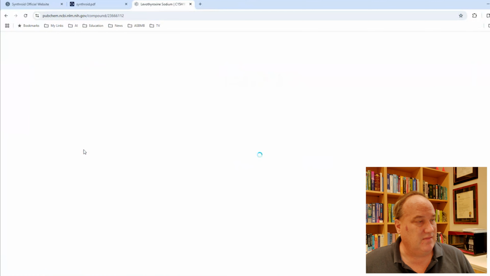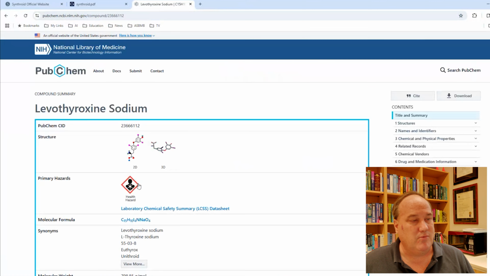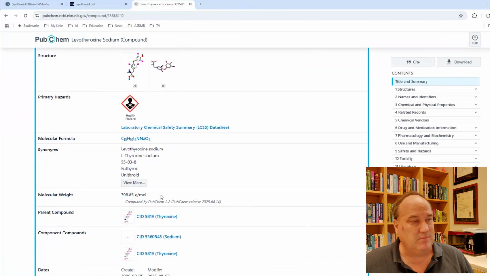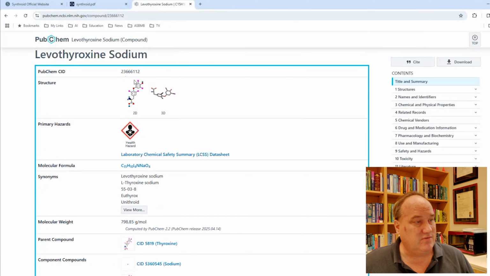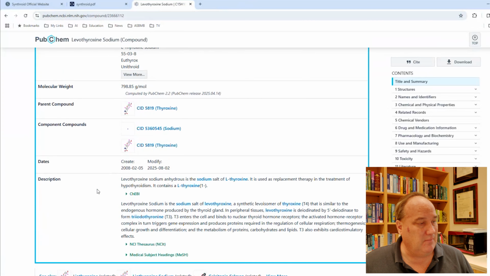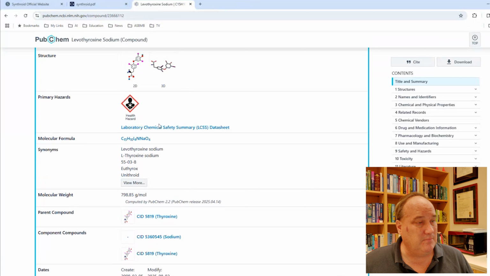Now this is the PubChem database of the National Library of Medicine. So this tells you all the chemical information you really want to know, and more than you're going to get in the prescribing information. You get the structure, the primary hazards of that chemical, the molecular formula, synonyms, and a basic description as well, right?